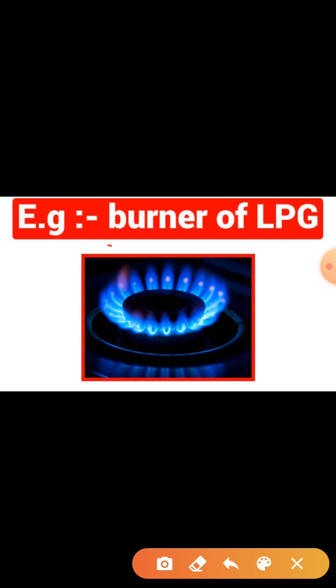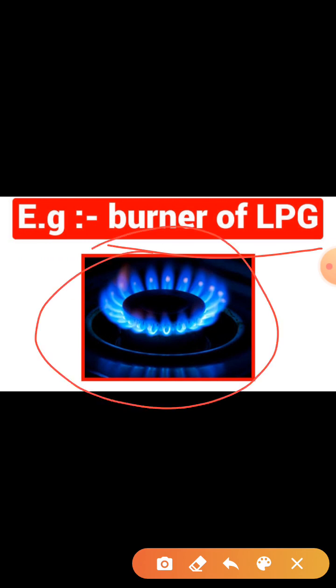Example, burning of LPG. In this picture you can see the burning of LPG. In the kitchen also your mother uses LPG to cook food. In the gas stoves we light the gas with the lighter, and from the lighter, the gas catches fire very rapidly.